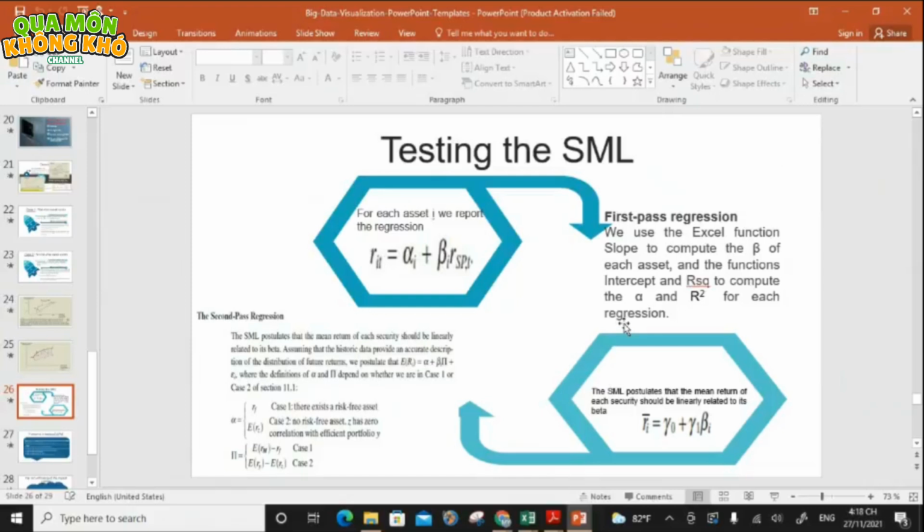You can use this approach to test an asset pricing model. There are two phases. The first is the regression to find the beta of the security, and the second is to regress the return on the beta and other factors.